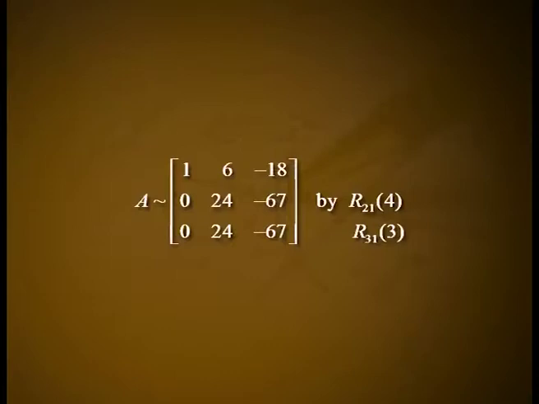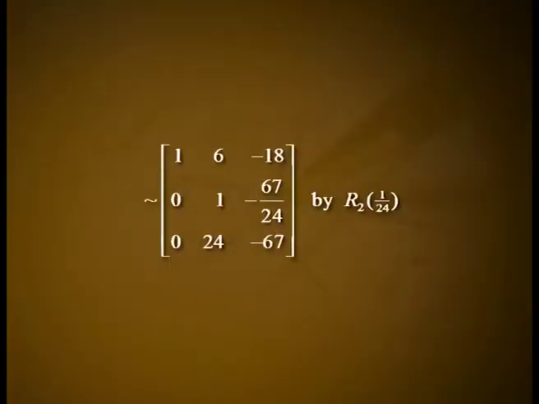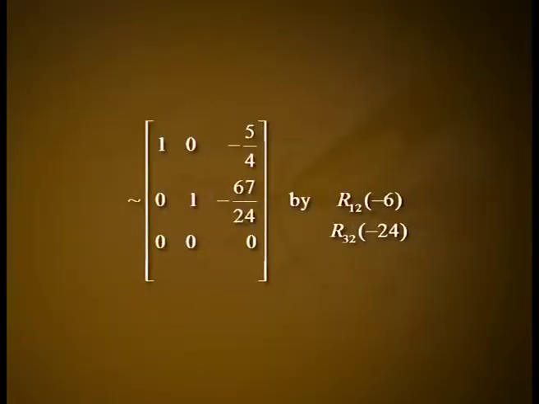Solution: A is equivalent to the matrix [1 6 -18; 0 24 -67; 0 24 -67] by R2+4R1, R3+3R1, which is equivalent to [1 6 -18; 0 1 -67/24; 0 24 -67] by R2 times 1/24, which is equivalent to [1 0 -5/4; 0 1 -67/24; 0 0 0] by R1-6R2, R3-24R2.